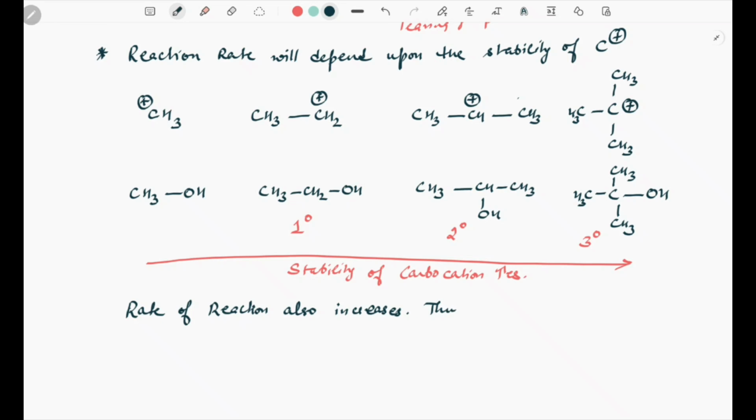Thus, the order is tertiary followed by secondary followed by primary alcohols in this particular reaction.